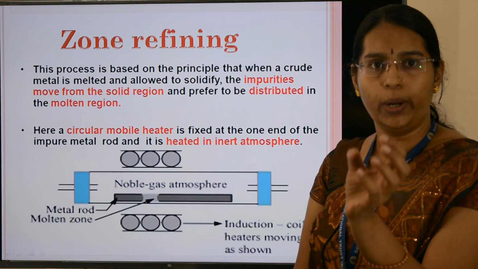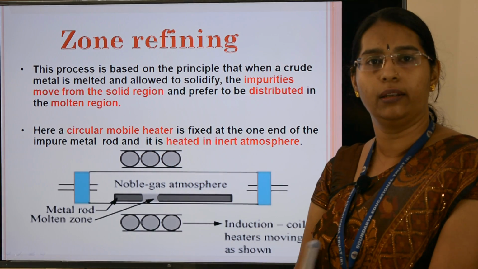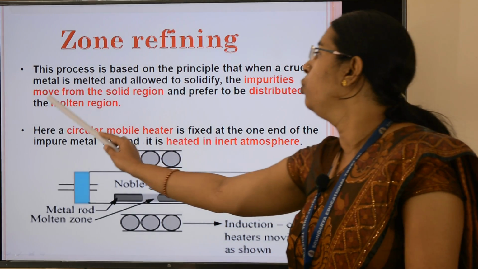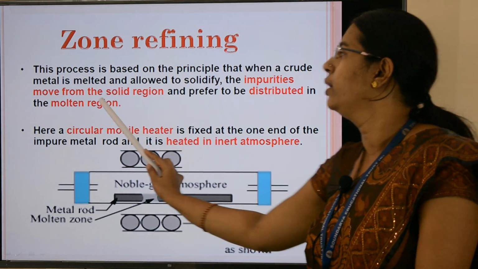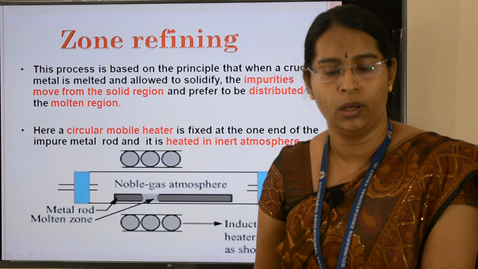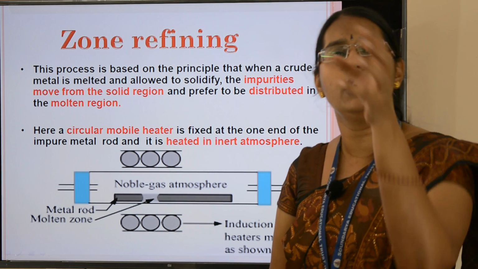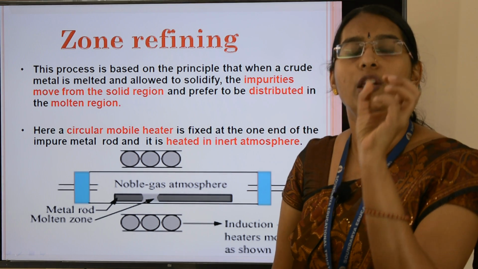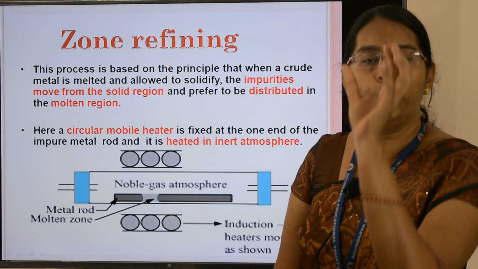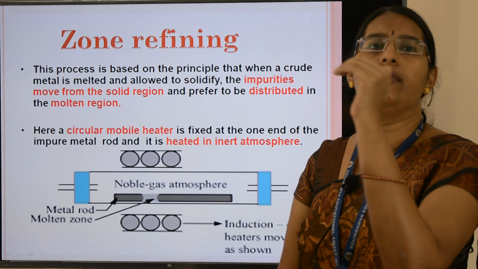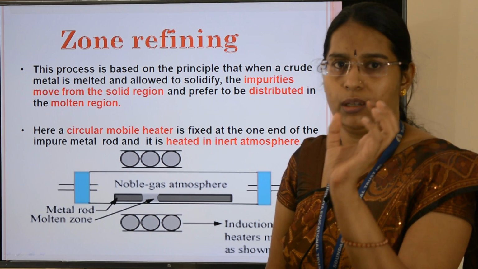When the impure metal is melted and allowed to solidify later, the impurities move from the solid region and prefer to be distributed in the molten region. So whenever an impure metal is heated and allowed to solidify, the impurities tend to stay in the molten zone, whereas pure metal tends to stay in the solid state. That is the main principle of this technique.